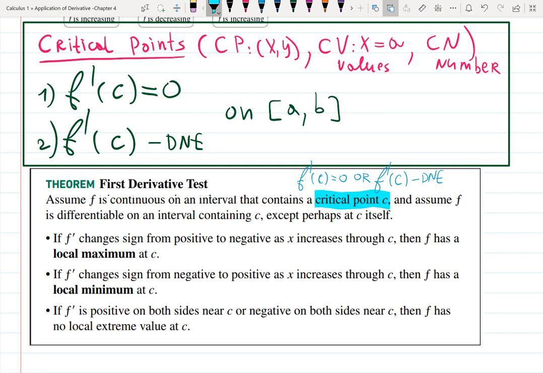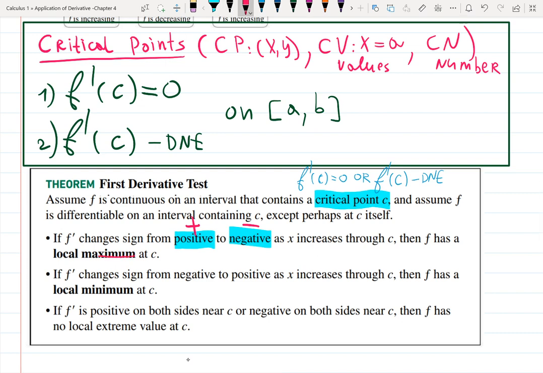So what we have here is f prime changes sign. If f prime changes sign from plus to minus, then as x increases through c, f has a local maximum.